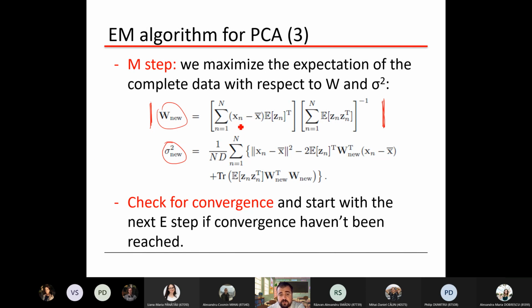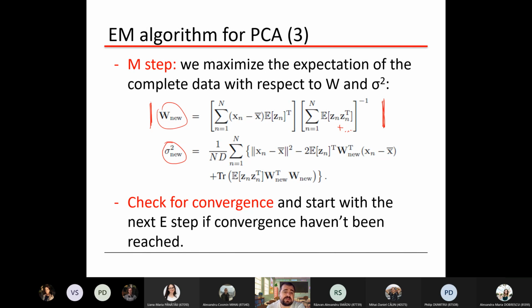It's the summation of xn minus the mean multiplied with the expectation of Zn, multiplied with the expectation of Zn Zn transposed. When we get to the Bayesian treatment, here we will get a new term that will help us automatically identify the value of M, the dimension of the principal subspace.